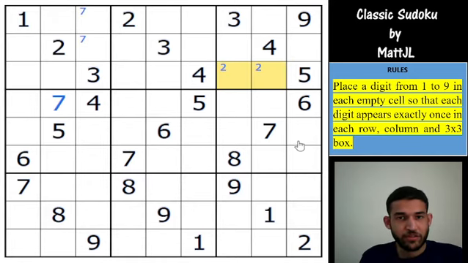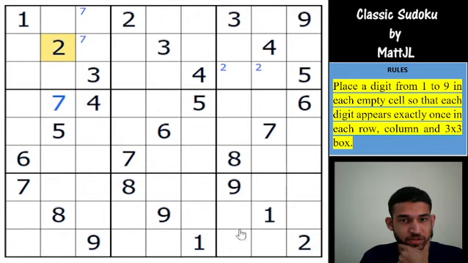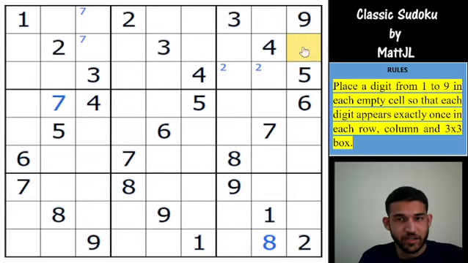And 2 goes in one of these two cells because of the 2 in rows 1 and 2. 8 goes here. 8 is in row 7, row 8, that gives an 8 here, which in turn gives an 8 here. And which means in box 1, I have exactly 2 cells left for the 8. Either this cell or this cell, right? Because of 8 being in column 2 and 8 in row 2, 8 has only 2 options here.